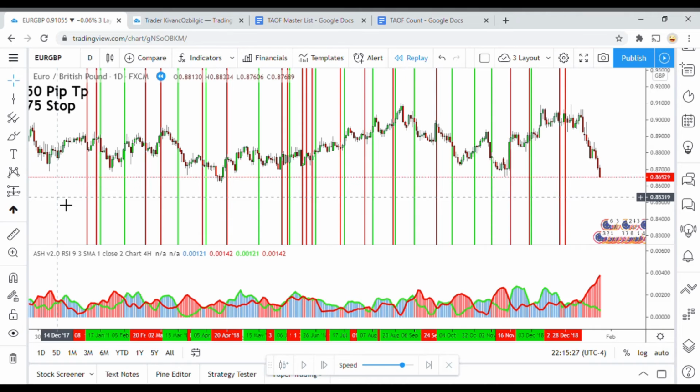I'm not so sure it would be great as a confirmation indicator, and it definitely doesn't do good in filtering out rangy markets. It just doesn't do good in a ranging market. It just gets tore to pieces, losing trade after losing trade. Maybe that could be a filter. I doubt it.